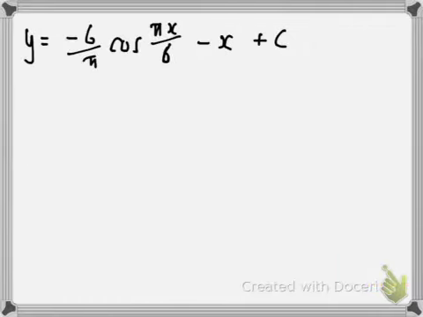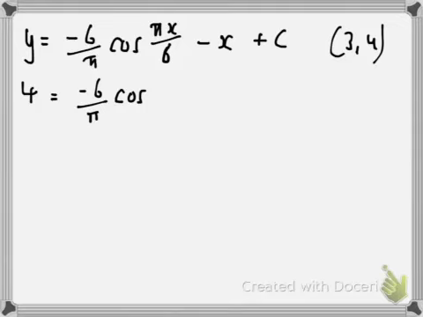So we know it passes through (3, 4). So let's write that point down. We now substitute that into here. So our strategy for finding that c, once we've got an equation like this, is we substitute in our x and our y value. So that's minus 3 plus c.